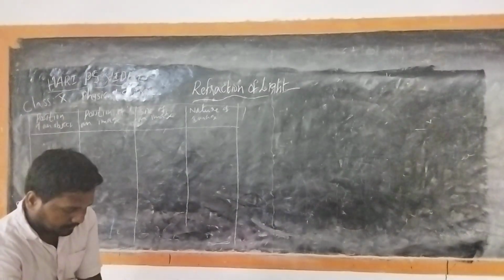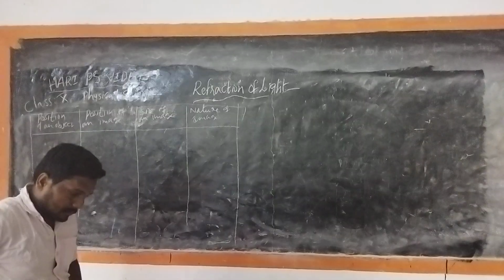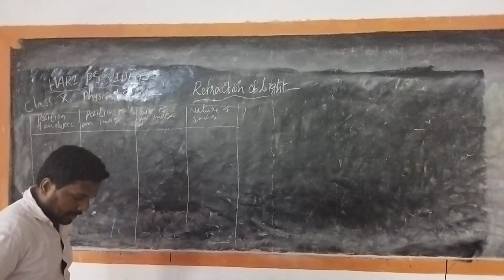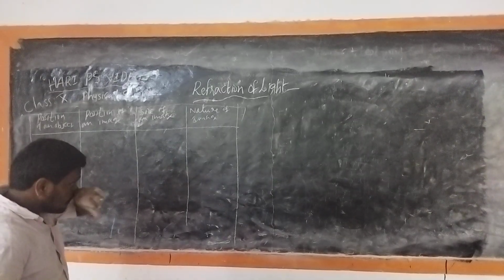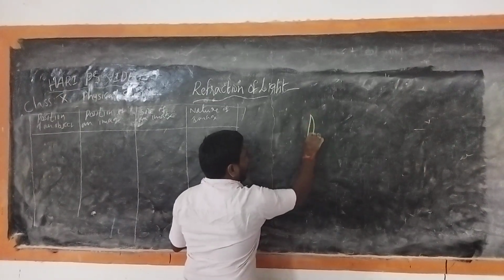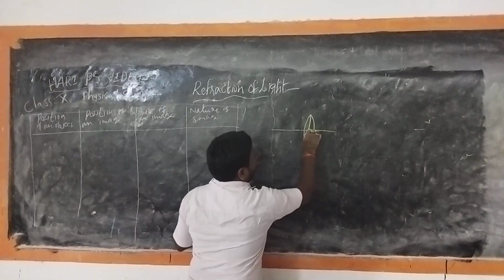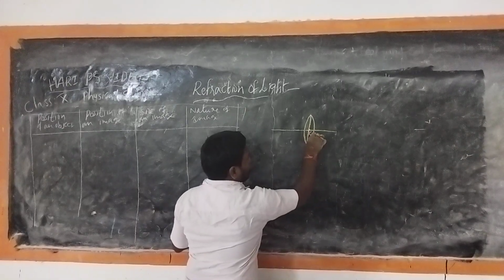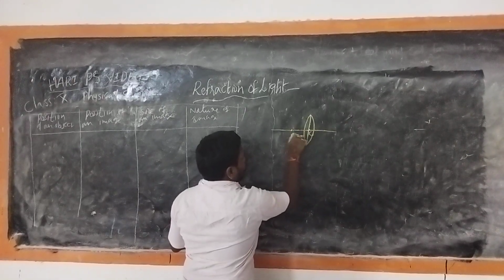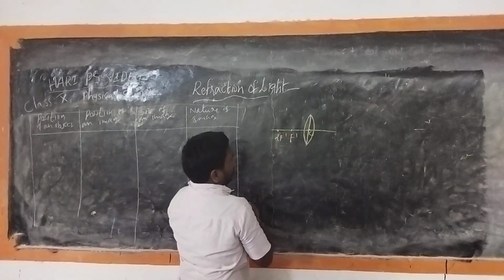The object is placed behind the lens, a convex lens. Here is the optic center C, this is the focus F1, and this is 2F1.